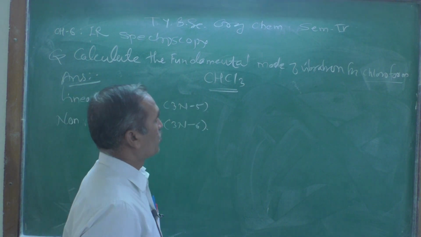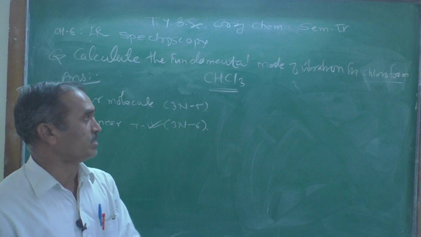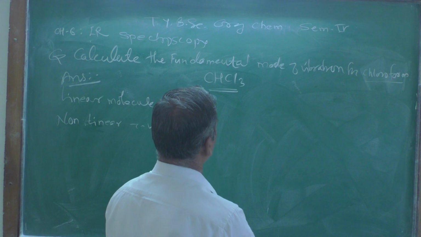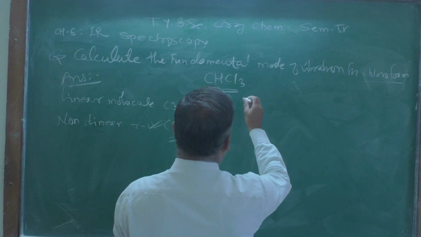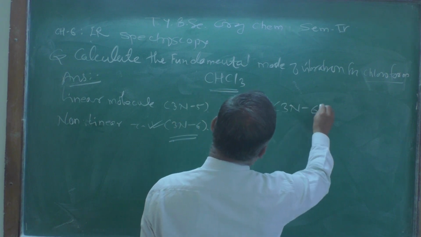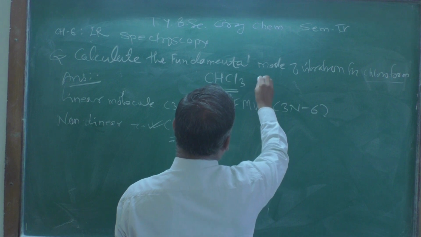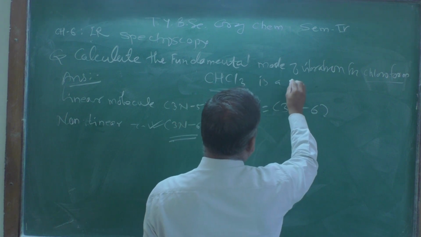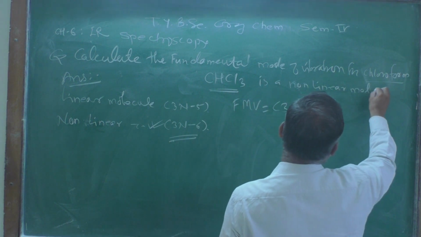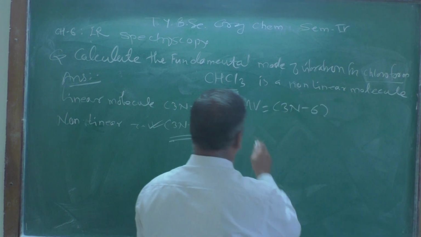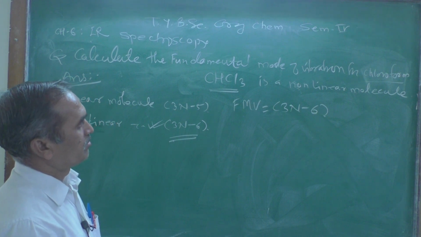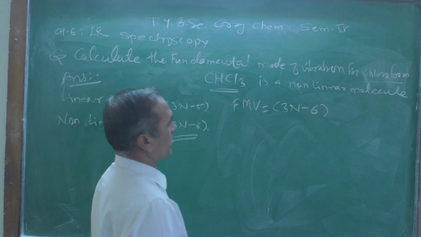So here chloroform, once again, is a non-linear geometry, and therefore once again you can use this formula. While calculating the fundamental modes of vibration, use 3n-6, because chloroform is a non-linear molecule.